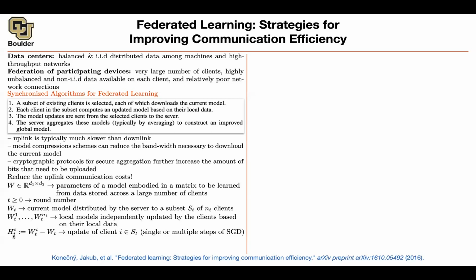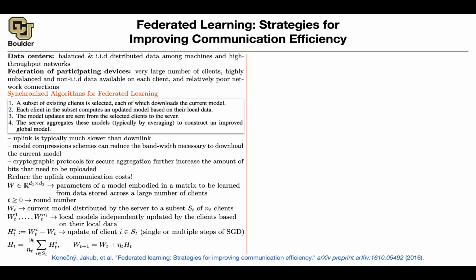Let's just call it H_t, and each one of them depends on which client you're at. It's client dependent. And then the server is going to average these updates, take a learning rate, and update the global model, which is going to get recommunicated to a random subset of the clients in the next iteration at time t plus 1. And then you keep repeating that pattern.